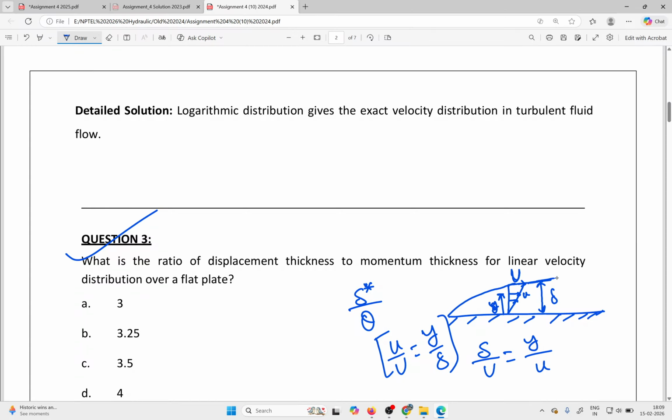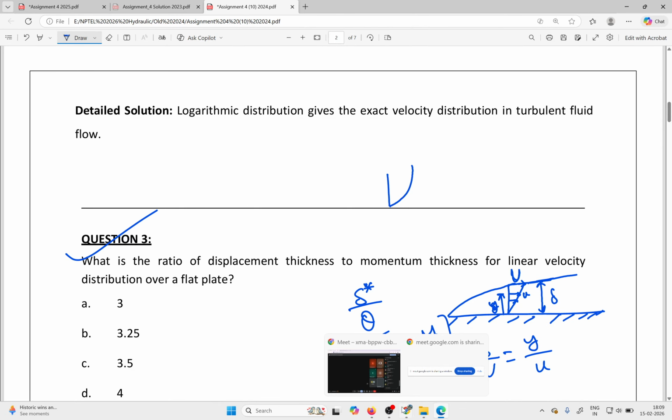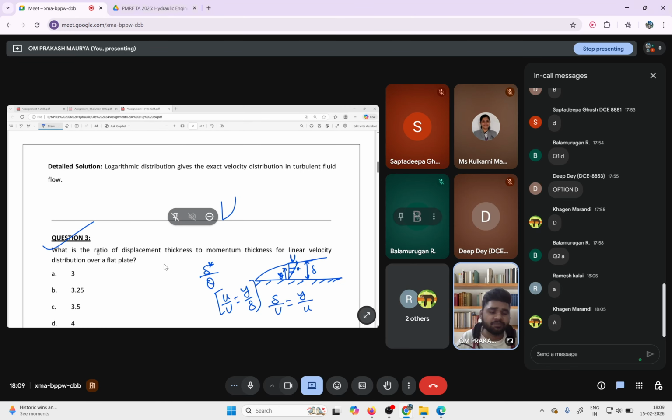In the laminar boundary layer it is actually parabolic, but here the assumption is that it is varying linearly. Okay, no issue. So based on the question, you have to try to give the answer for question number 3.